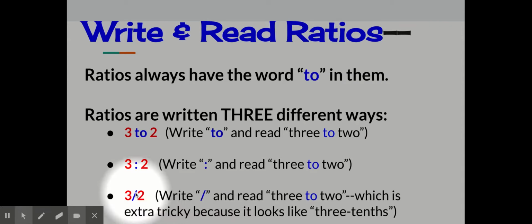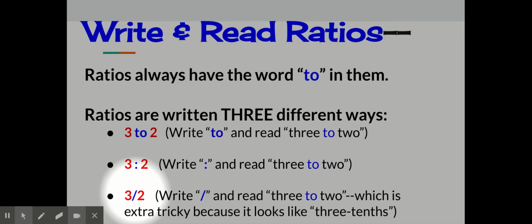Now let's take a look down here. 3/2. Holy cow, you say that looks like a fraction, as an improper fraction, as a matter of fact. This is so tricky. This is why we don't learn about ratios until 6th grade, because any other grade that's earlier than us, if they saw that, they would probably read that as a fraction.